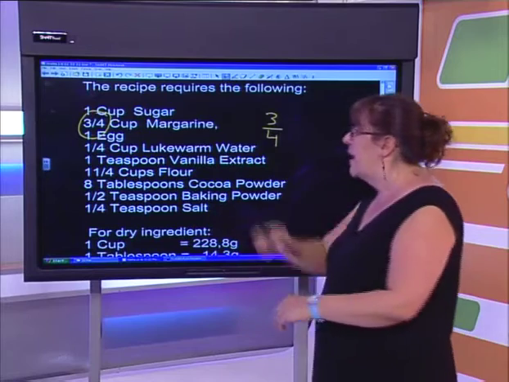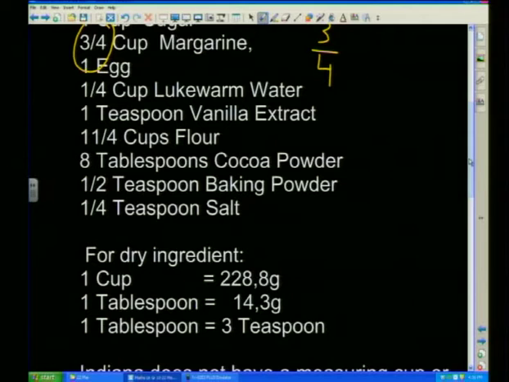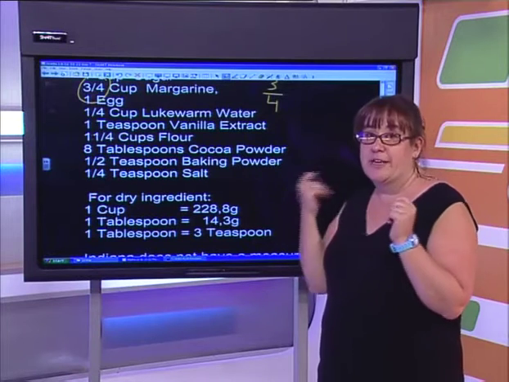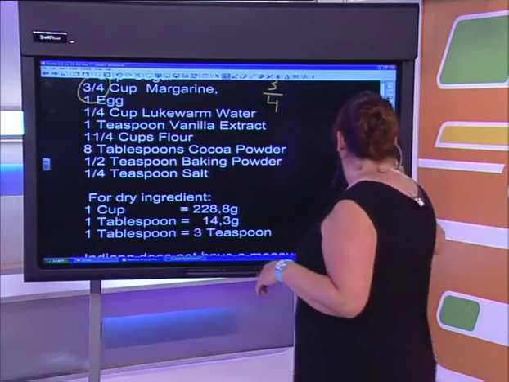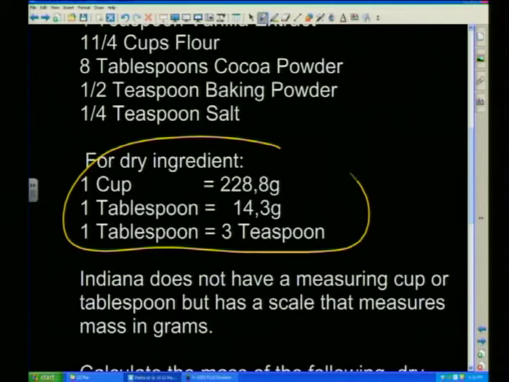So 3/4 a cup of margarine, we got 1 egg. I'm not going to read all the ingredients, tablespoons, teaspoons, etc. So I don't need to read the entire recipe, unless of course I'm going to go and bake it. We found this information in a recipe book. So that's where this comes from.